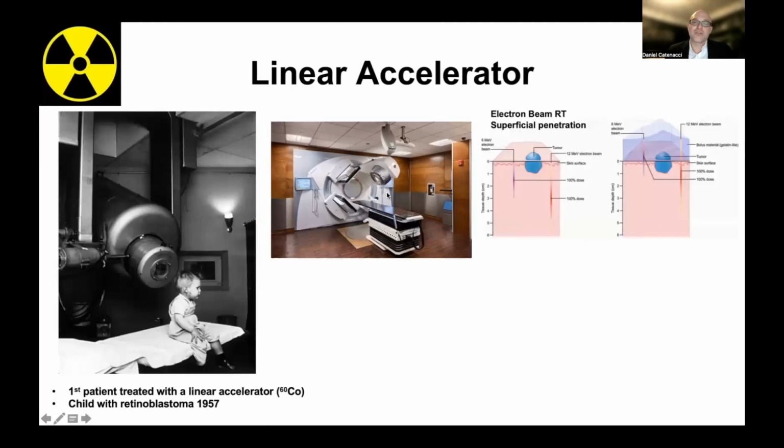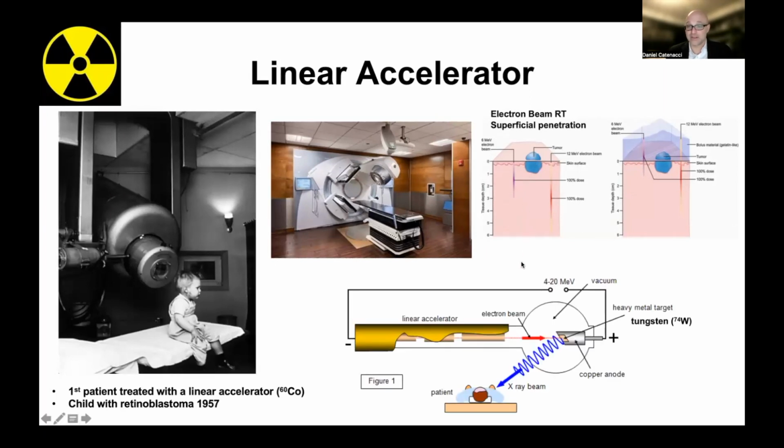And as I mentioned earlier, electron beam radiotherapy can be focused directly at a tumor. The issue with electron beam radiotherapy is that it doesn't penetrate deep into the tissue. And so it can be used for superficial tissue like skin cancers. However, when we want to get deeper penetration, electron beams can be used in a linear accelerator to blast at a metal.